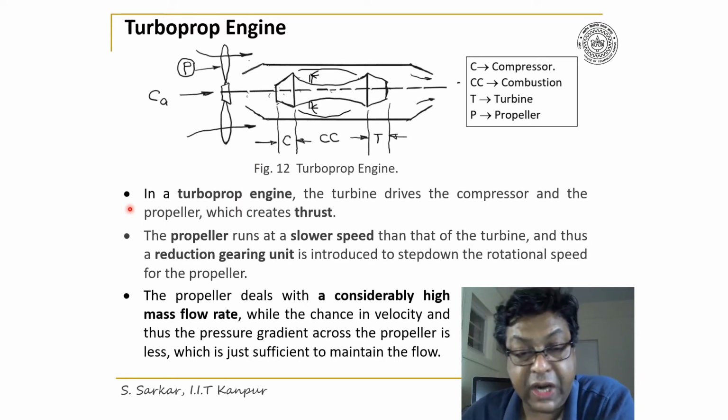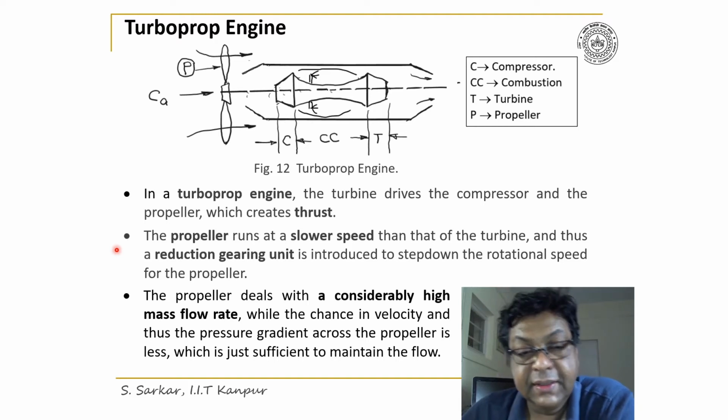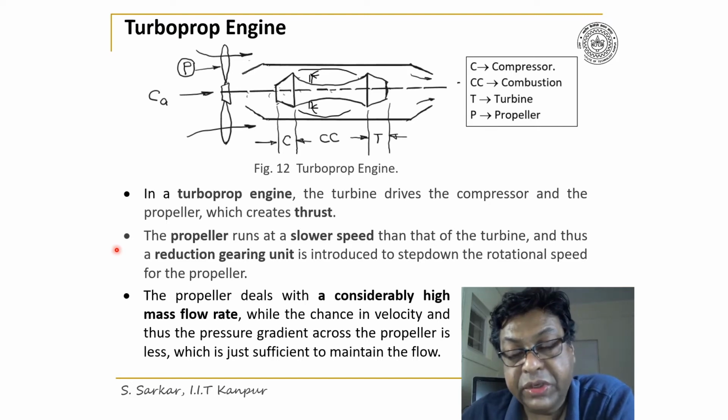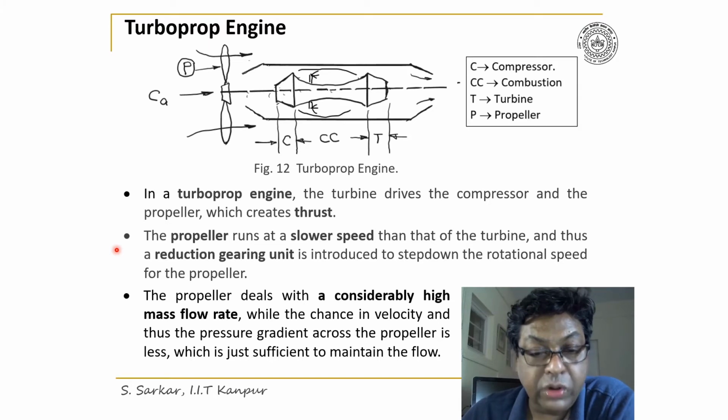The propeller runs at a slower speed than that of the turbine, and thus a reduction gearing unit is introduced to step down the rotational speed for the propeller.